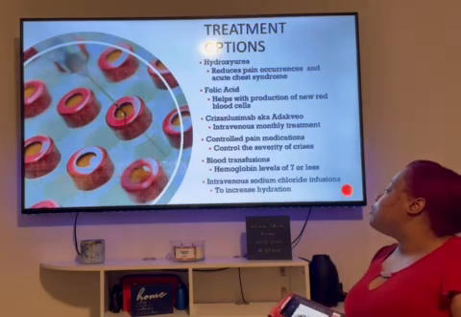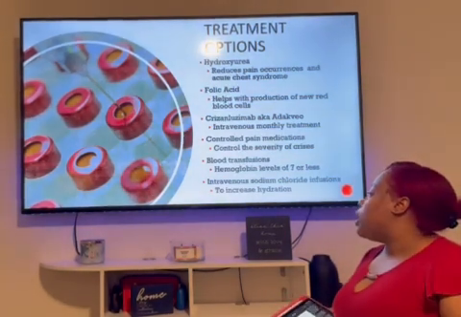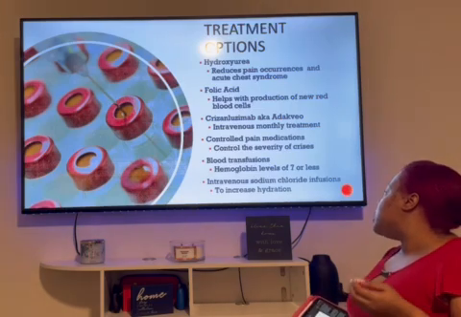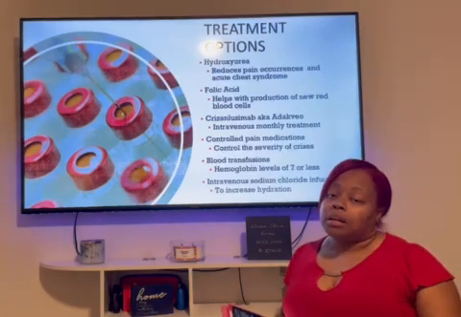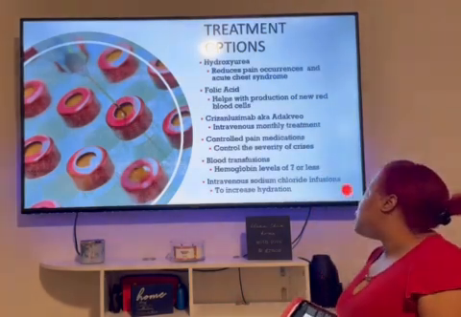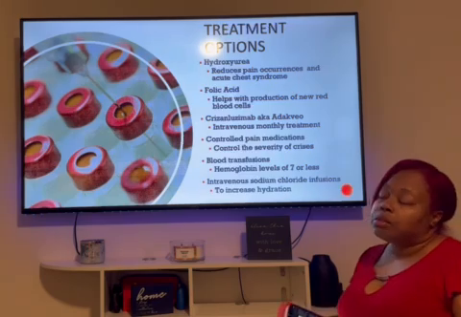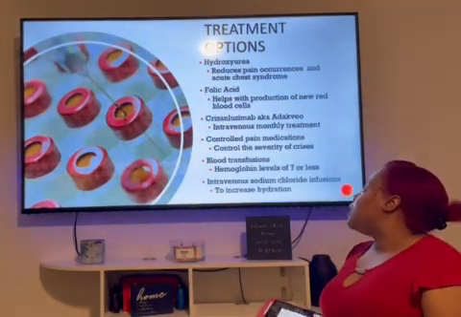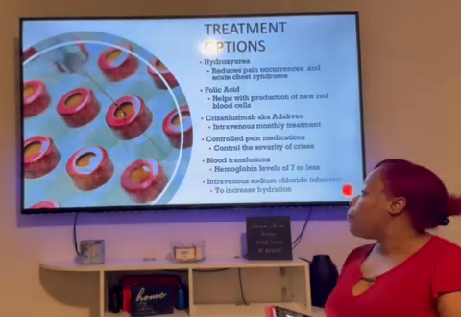Another good thing for treatment is blood transfusions. So blood transfusions are needed once the hemoglobin level reaches 7 or less, because it's kind of like fatal once it gets below a 6. So it's important to do blood transfusions, but it's not good to always have multiple blood transfusions within a year.